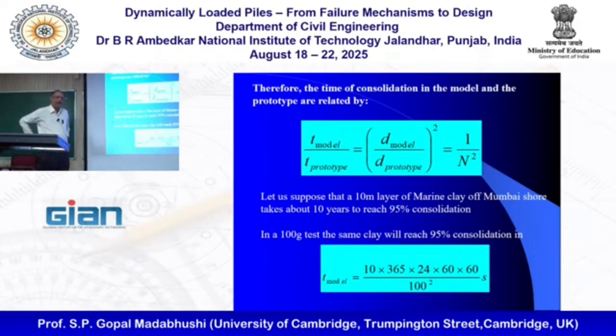Suppose I have marine clay, 10 meters thick, off the Mumbai coast, and let's say it takes about 10 years to reach 95% consolidation. It's not far off the truth.